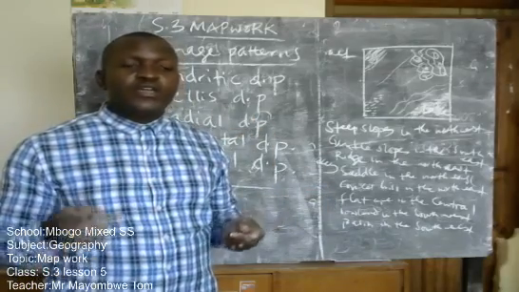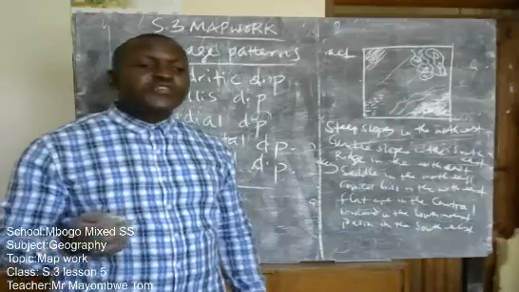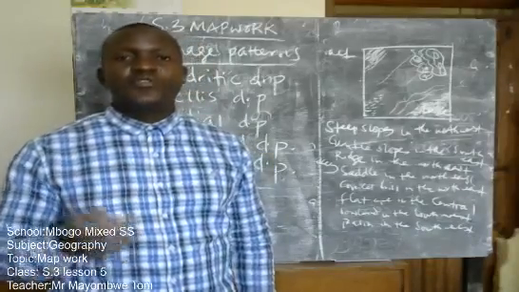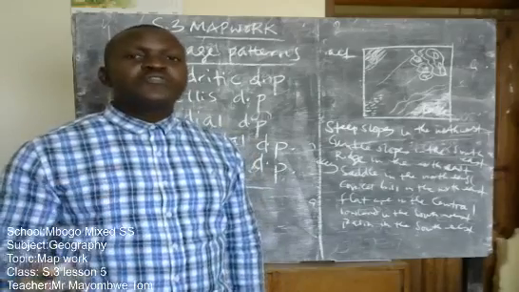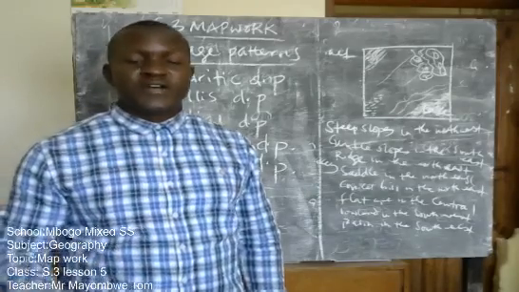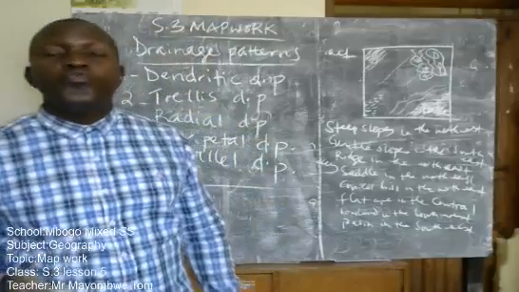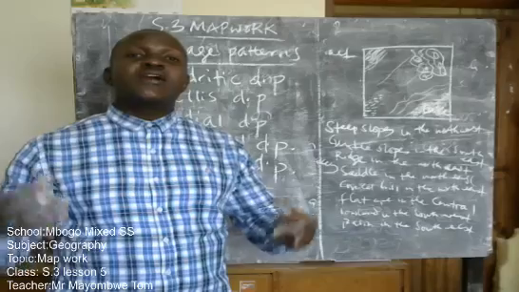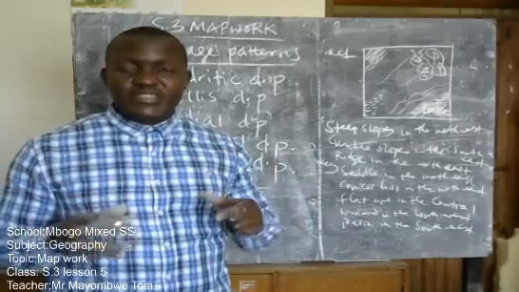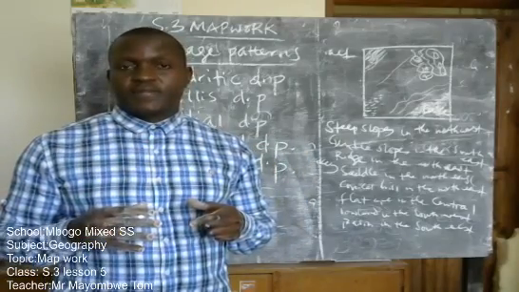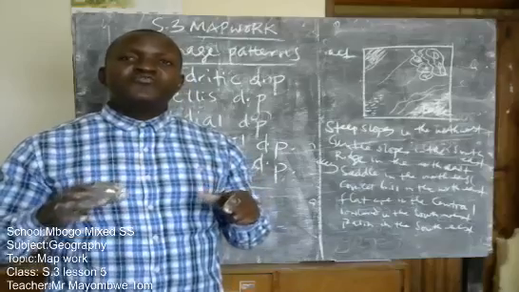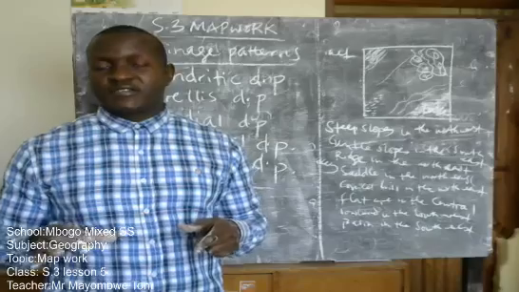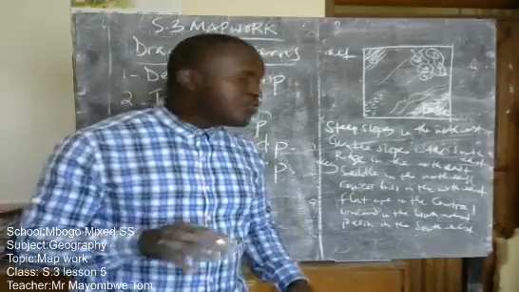When we talk about a dendritic drainage pattern, this refers to a drainage pattern where tributaries join the main river at acute angles, at angles less than 90 degrees. In fact, a dendritic drainage pattern appears like tree-like branches on the map extract.